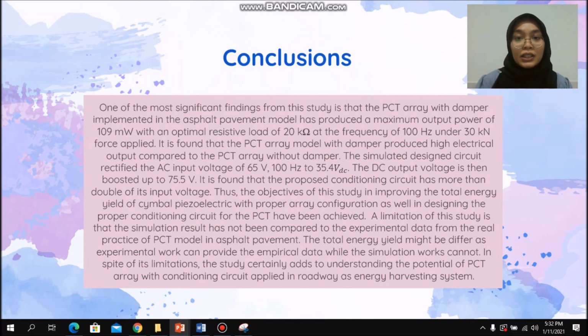The total energy yield might differ, as experimental work can provide empirical data while simulation work cannot. In spite of its limitation, the study certainly adds to the understanding of the potential of the PCT array with conditioning circuit applied in roadways as an energy harvesting system.